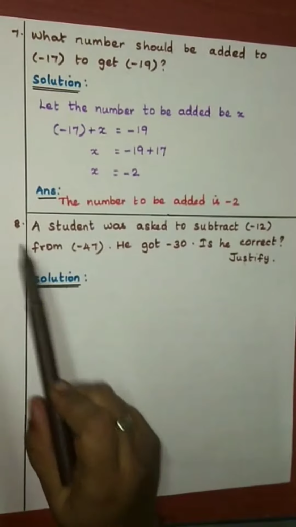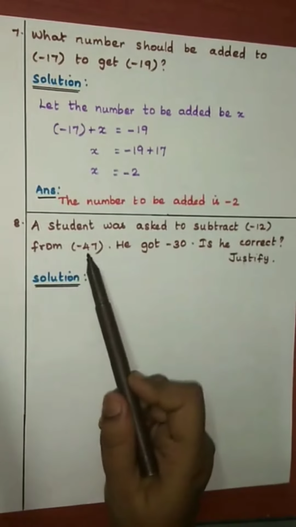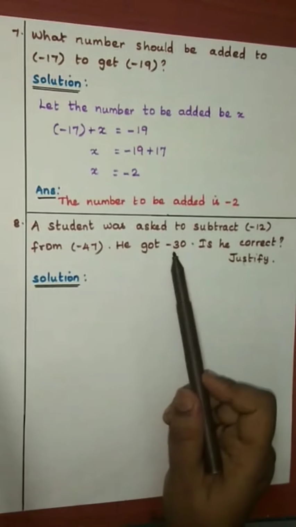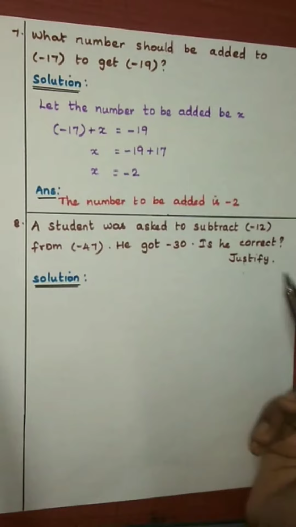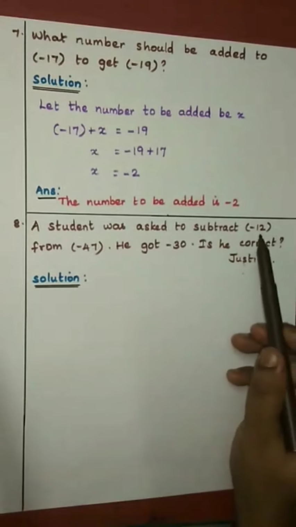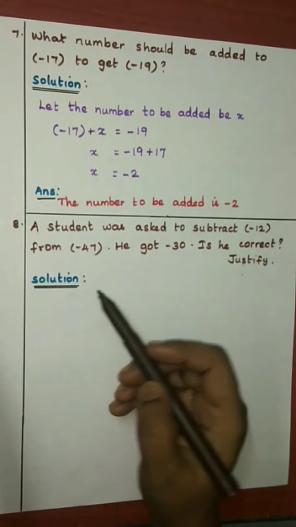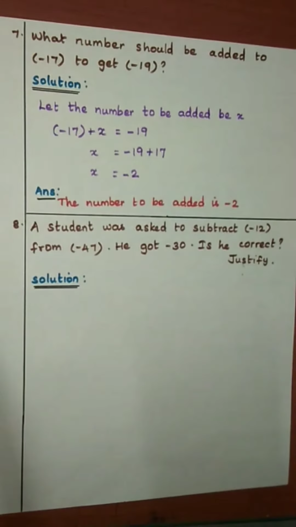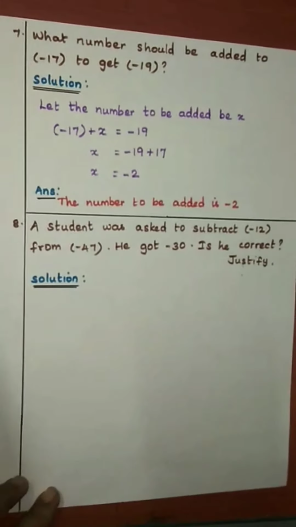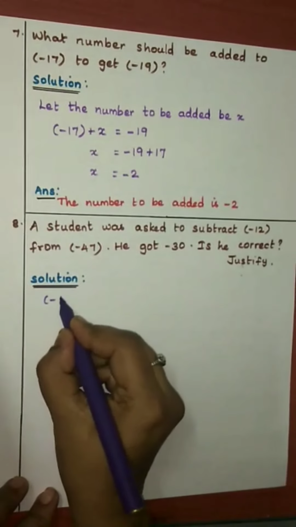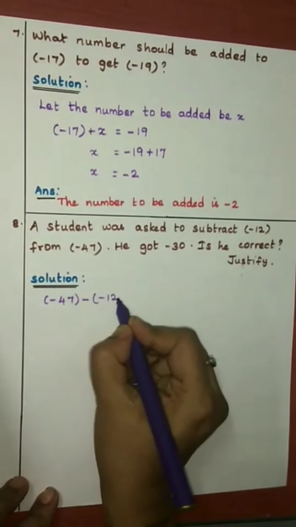Eighth problem. A student was asked to subtract minus 12 from minus 47. He got minus 30. Is he correct? Justify. So let us subtract minus 12 from minus 47 and check whether we are getting minus 30. Minus 47 minus minus 12.